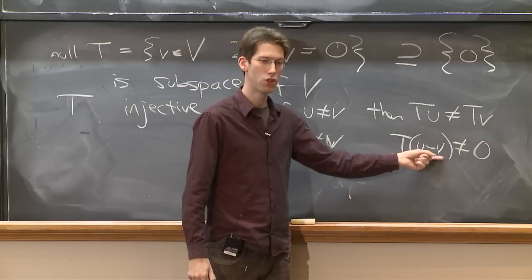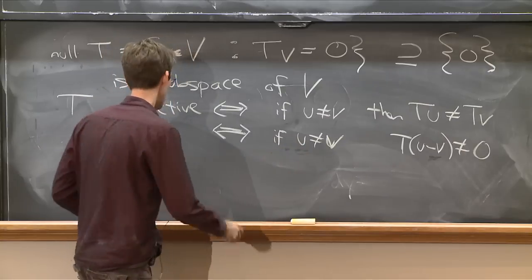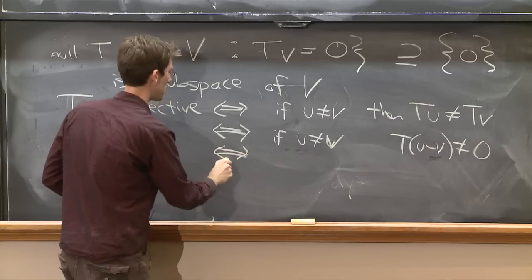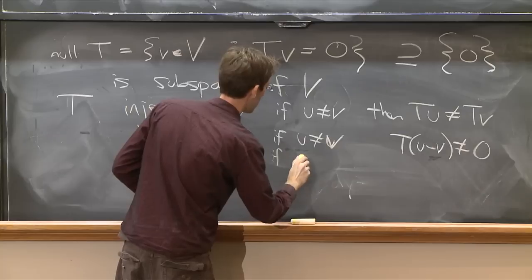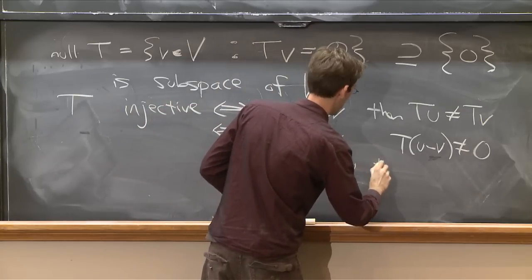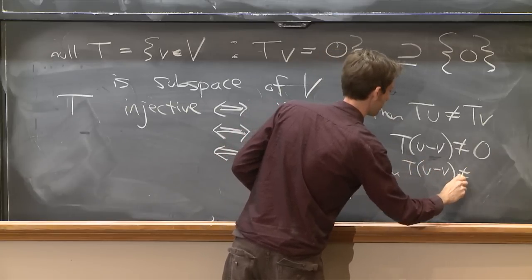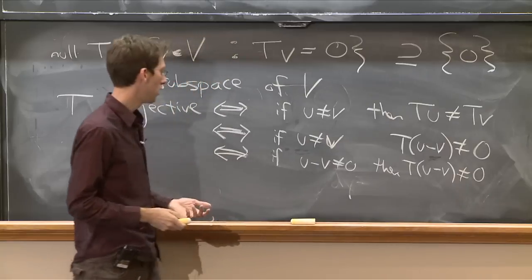Here, obviously, we care about u minus v. Here, we only care if u is not equal to v. So that's the same as saying if u minus v is non-zero, then T of u minus v is non-zero.